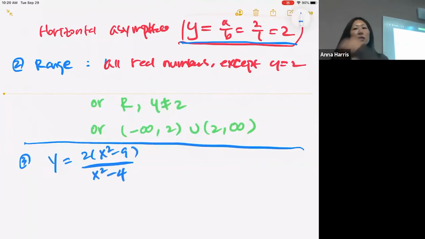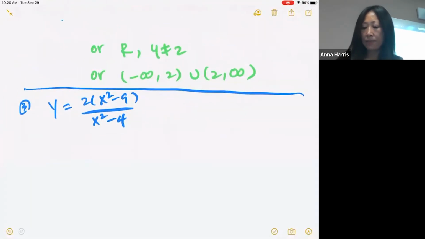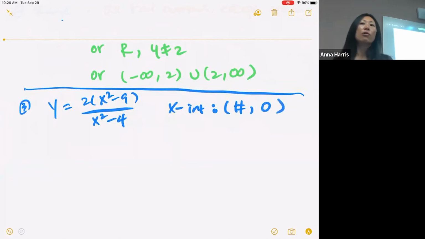Okay, so to find intercept, I'm looking for x-intercept. X-intercept means what? You have a number in x, the y has to be equal to what? 0. That's what x-intercept means. X-intercept means you're going through the x-axis, but the y value at the x-axis is 0.